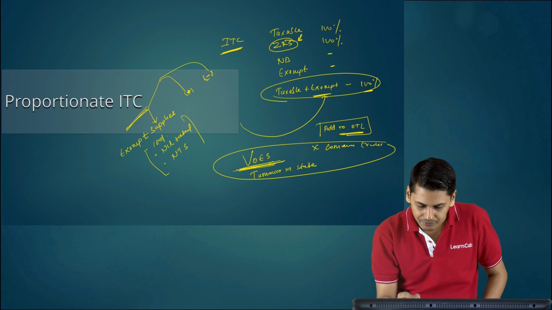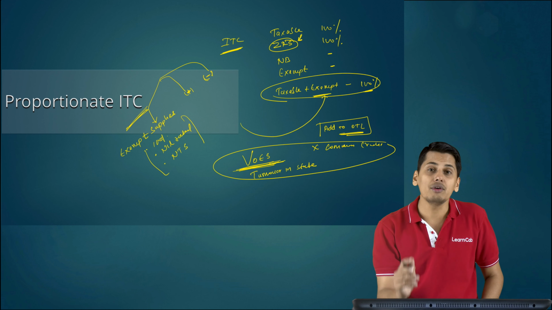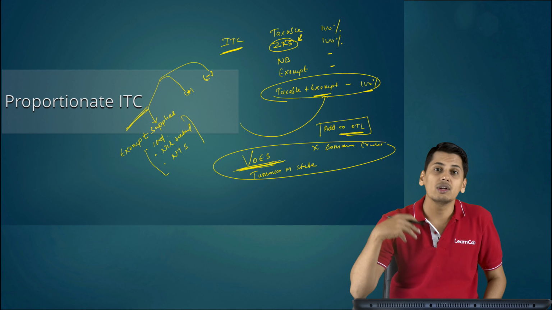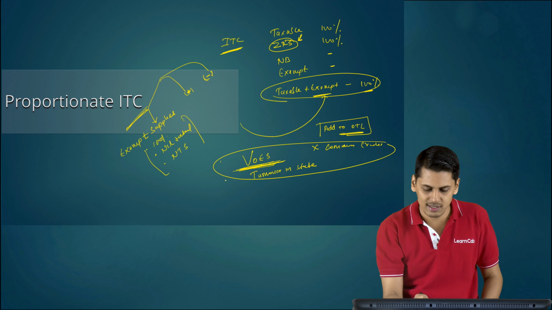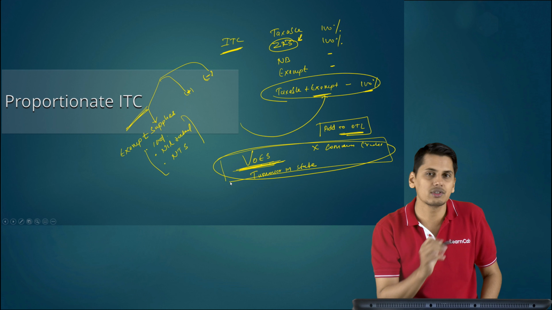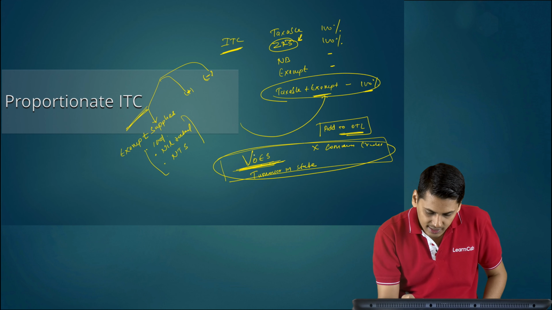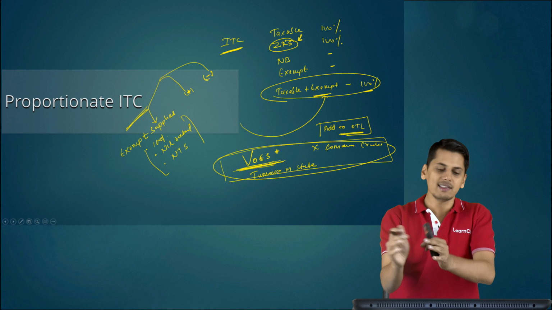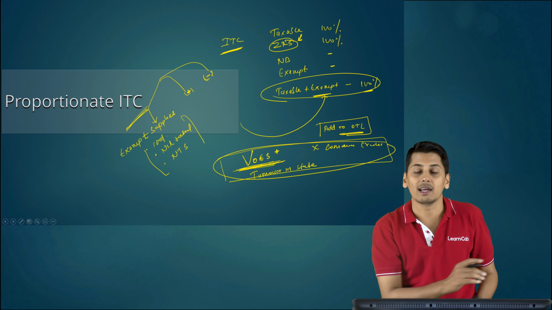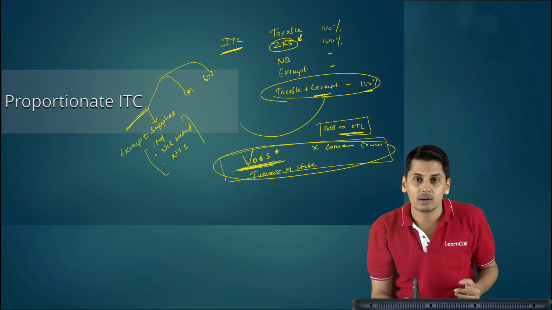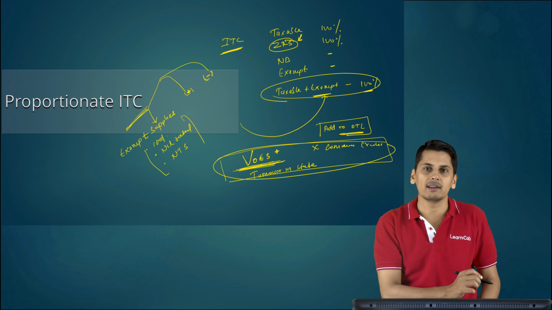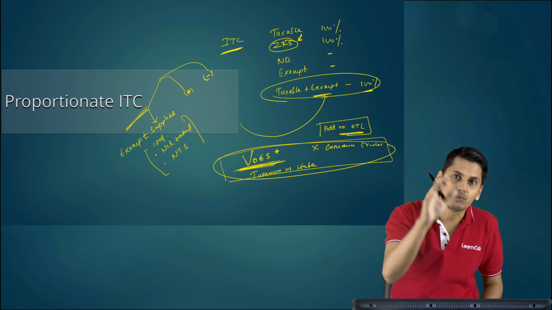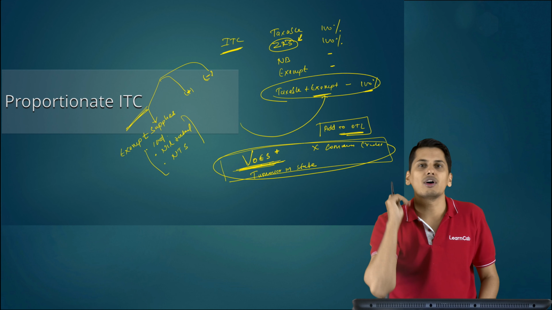Friends, please understand, value of exempt supplies, they tell it will include something more. That means the numerator will increase. Now, this is the amount of output tax liability which you are supposed to add. When I say that the value of exempt supplies will include some more things other than these three normal things, that means my numerator will increase. When my numerator increases, the answer which I am going to get is going to be more than it would have been had these additions not been there.